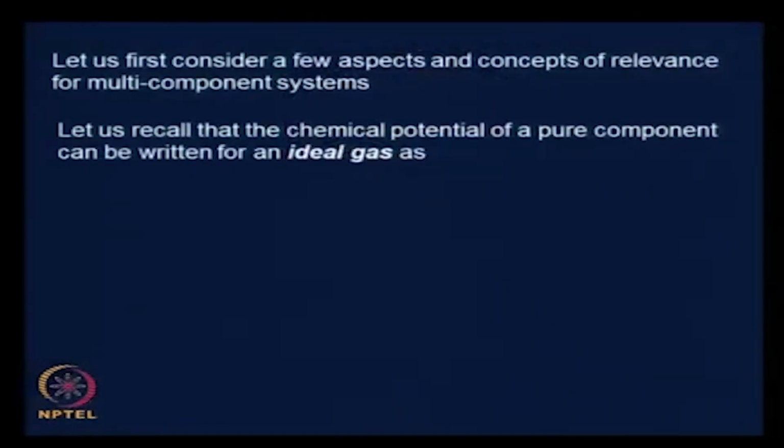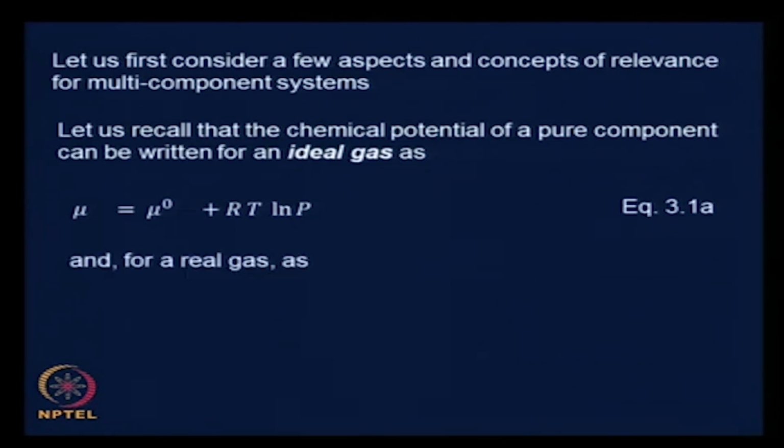Now, let us recall the chemical potential of the pure component, especially if it is an ideal gas; we will start with simple things. If it is an ideal gas, we can write the chemical potential of a pure component as mu equals mu naught plus RT ln P. This we have already seen way back in equation 3.1a, and for a real gas you could write mu equals mu naught plus RT ln f.